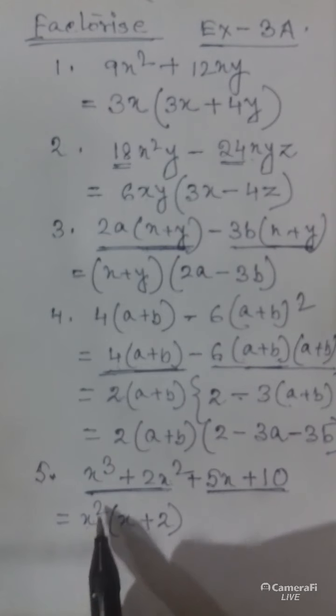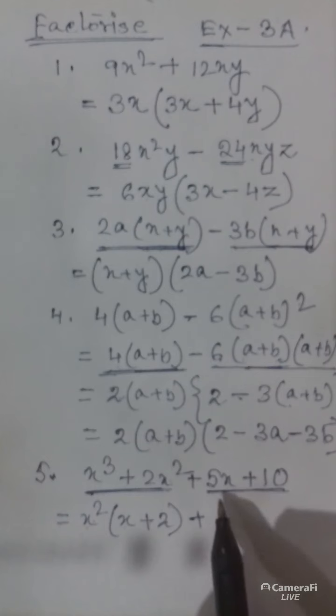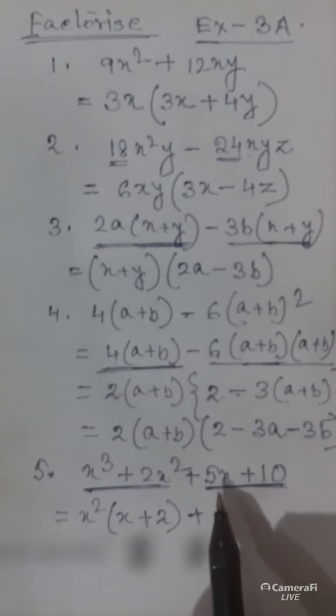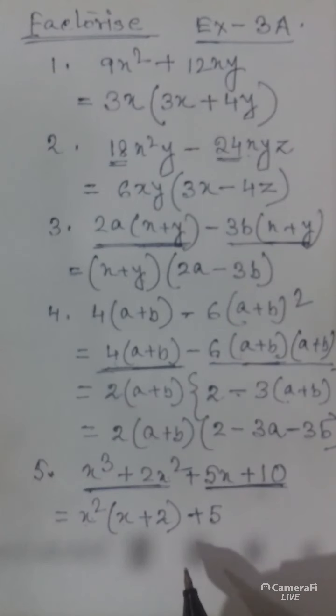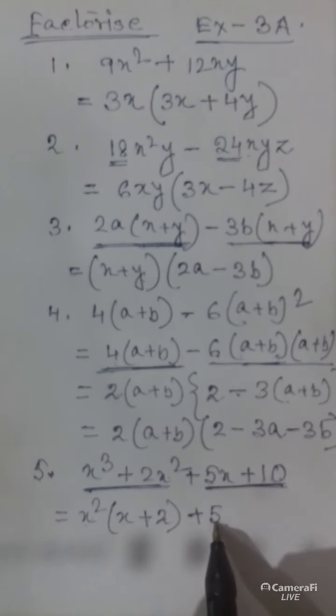When we take common x square, we get x plus 2. In 5x plus 10, which number is common? 5 is common, because the HCF of 5 and 10 is 5.